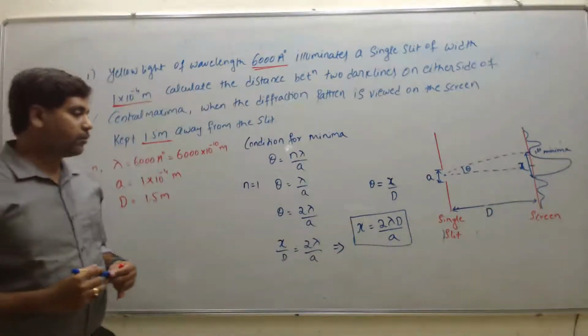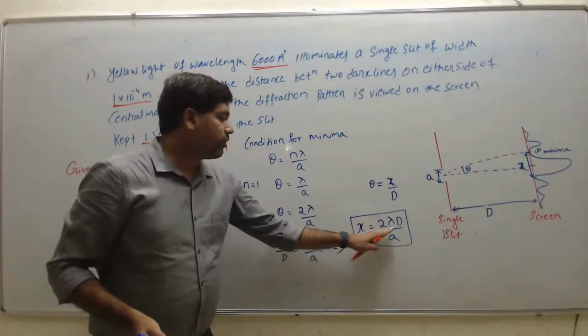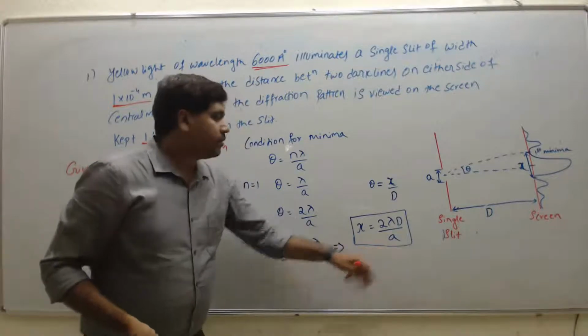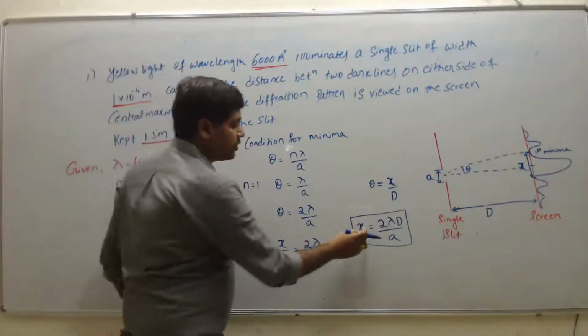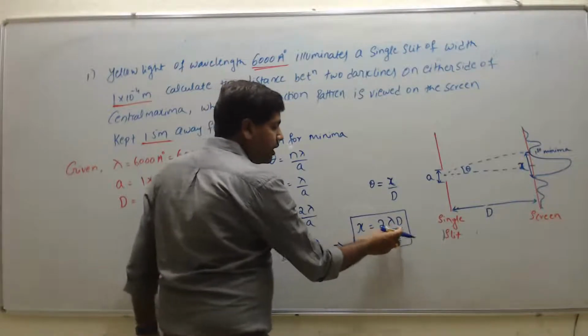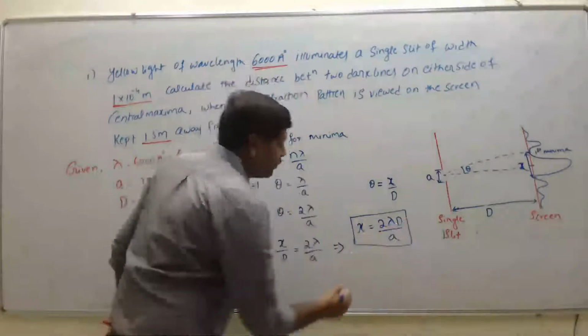If we remember this formula, we can directly substitute the values and simplify. So this is the formula for the width of the central maxima. Here we know the values of lambda, d and a, so we get the x value.